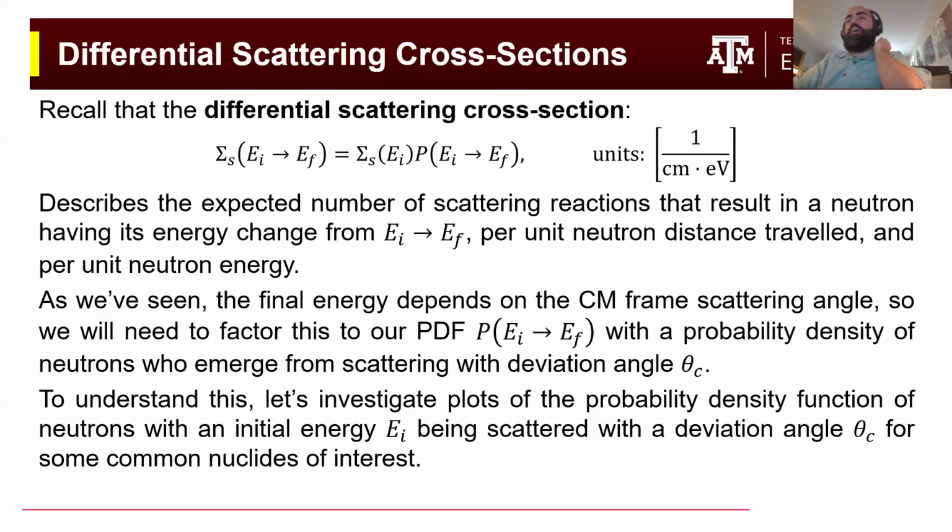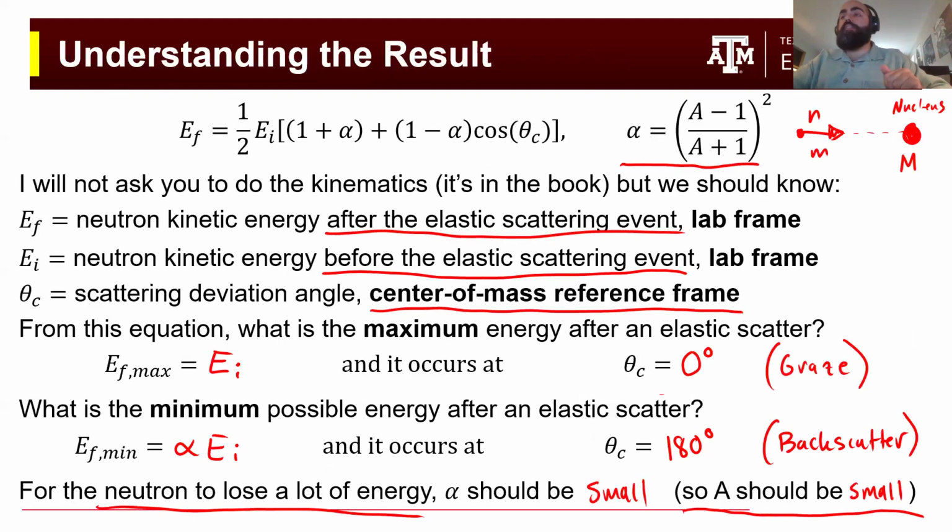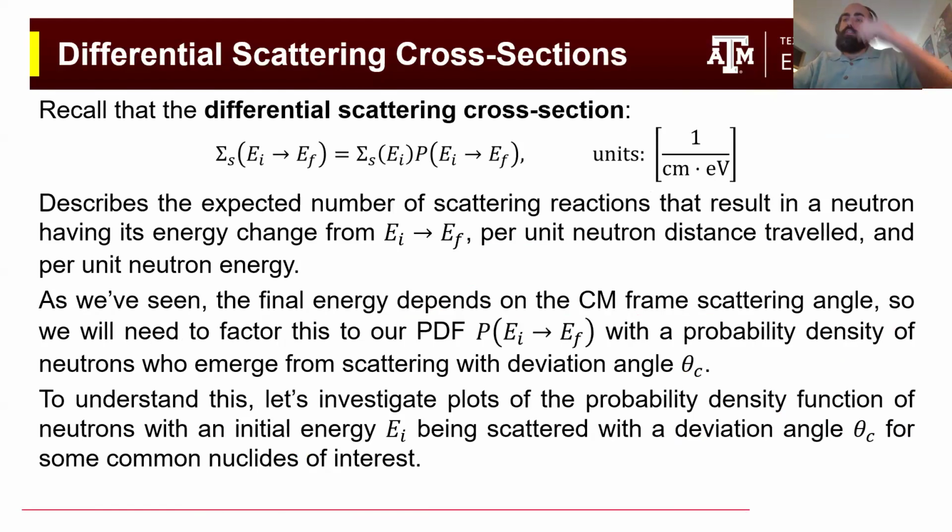And just kind of reviewing, we had talked about differential scattering. We set this up because there is a distribution of neutron energies after a scattering event. The neutron is going to have a variety of scattering angles, which is going to correspond to a distribution of the final energies.